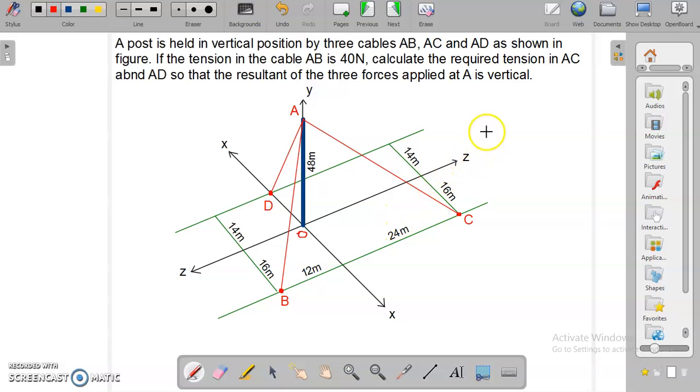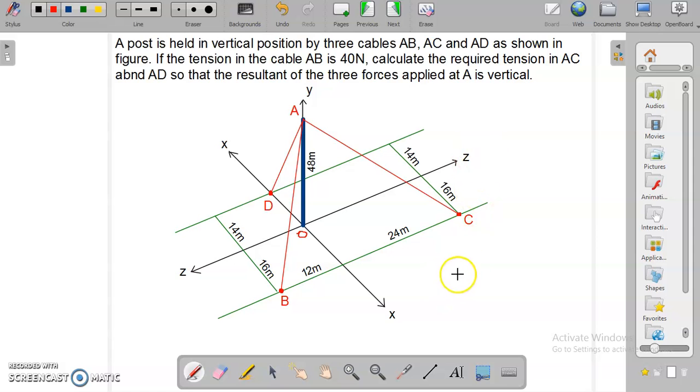So in order to solve that, we have to consider the force vectors along AC, AB and AD. We will get three force vectors and we have to find the resultant out of that.